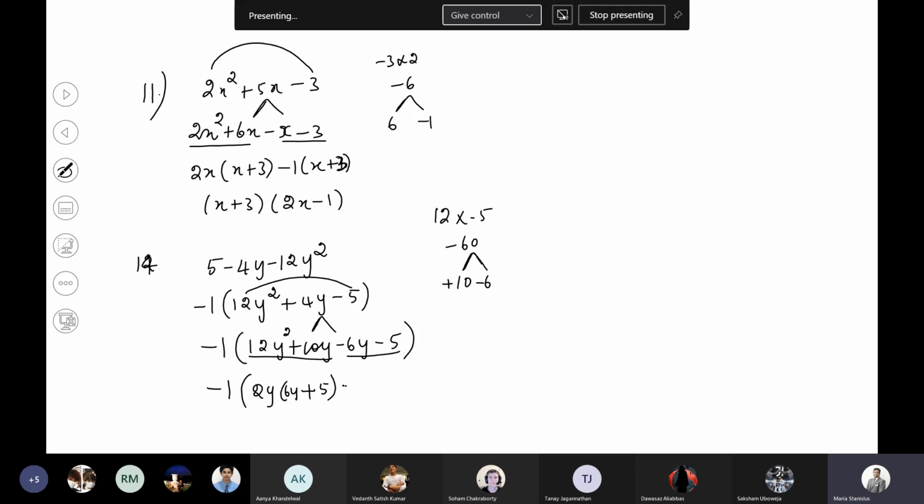Similarly, from these two terms, if I take minus 1 as the common factor, it would become 6y plus 5. Now, out of these two terms, 6y plus 5 is a common factor, and what remains in each term would be 2y minus 1. So, hope your answer matches the textbook answer or still doesn't.